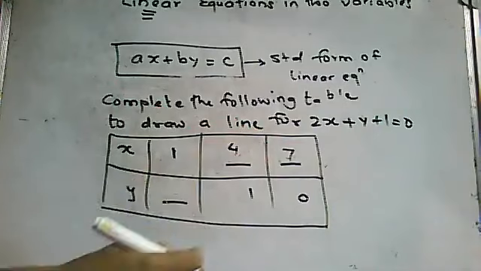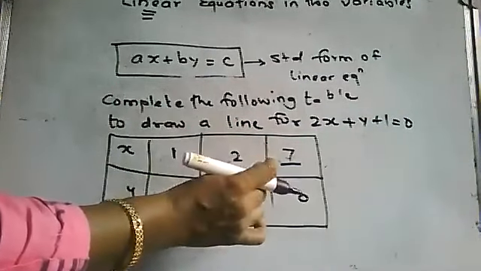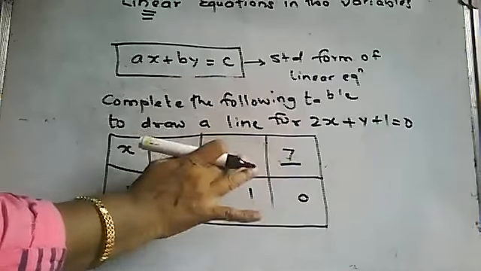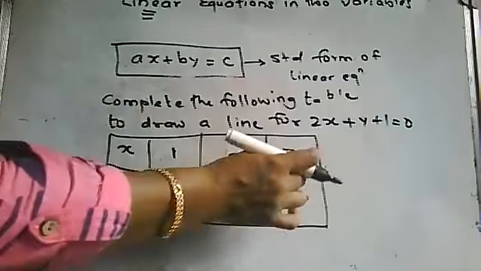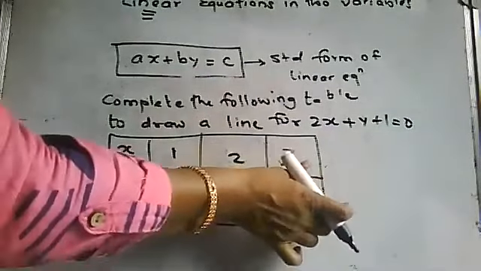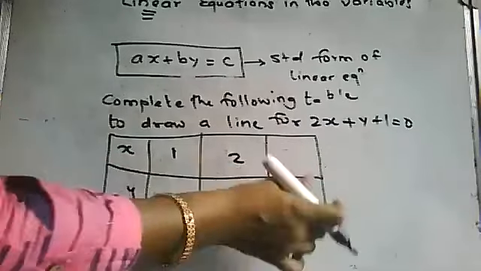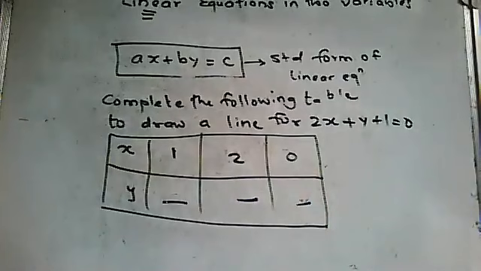This is 2, suppose, and this is not there. And here we will take x only. All y's are to be found out and all x are given. All the y values.